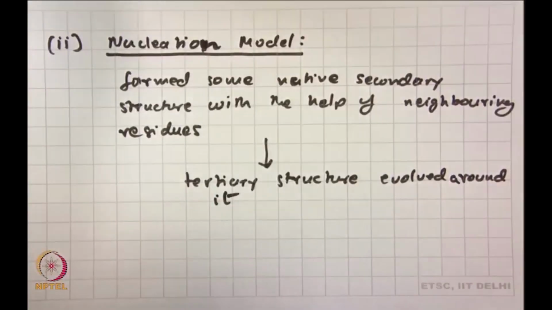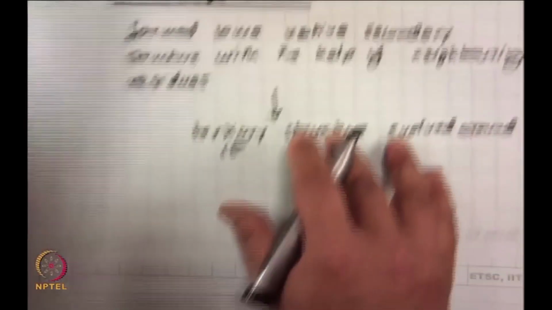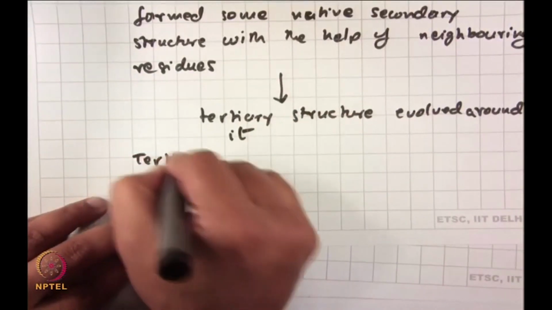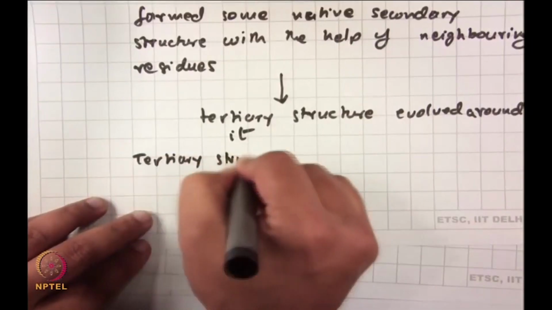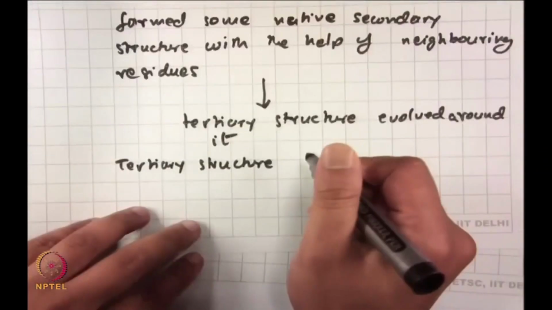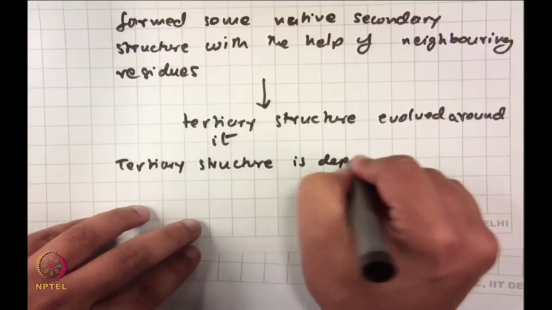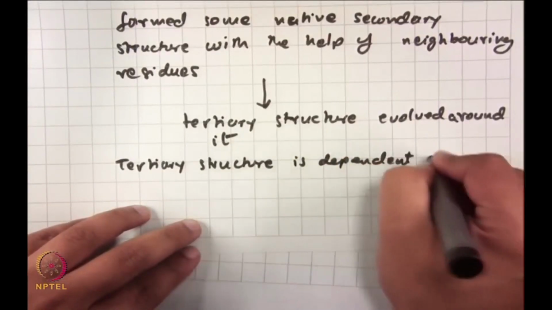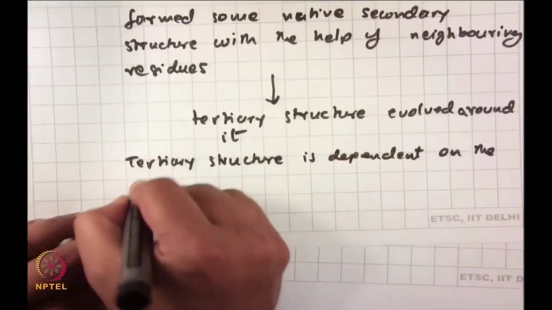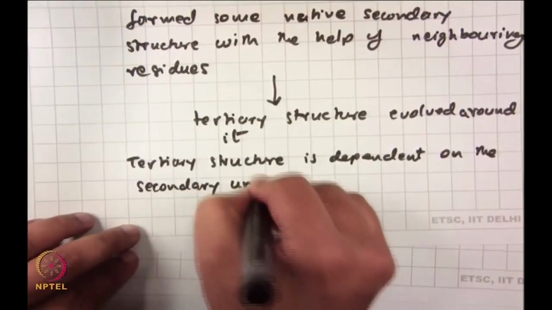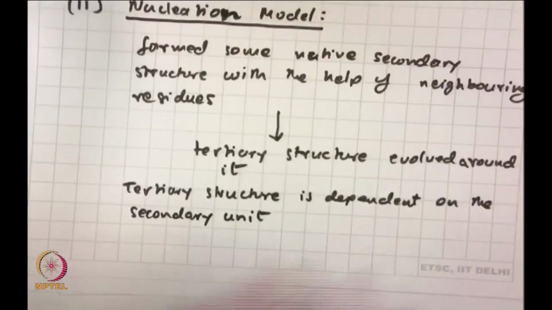So, what we can say is tertiary structure is dependent on the secondary unit.